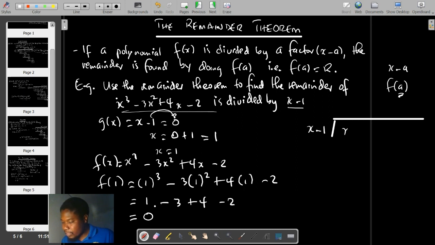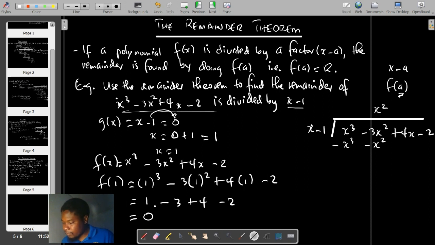and our dividend, minus 3x squared plus 4x minus 2. What we're going to do is say x into x to the power 3. I'm not doing anything else because I know these are already in descending order and they have every term. So x into x to the power 3 is x squared. x squared times x is x to the power 3. x squared times negative 1 is negative x squared.